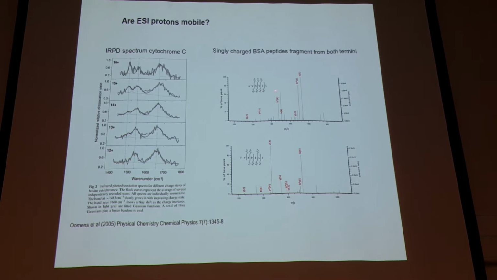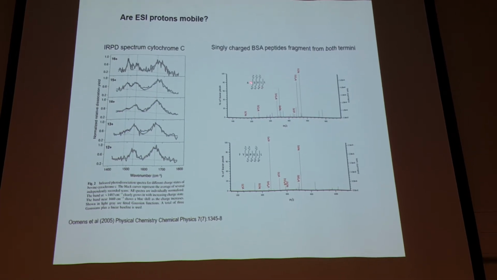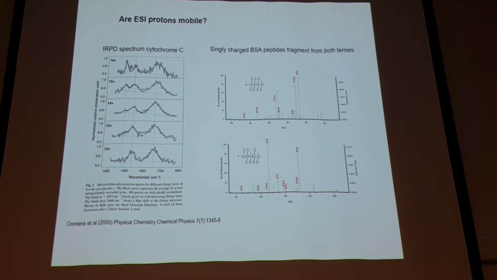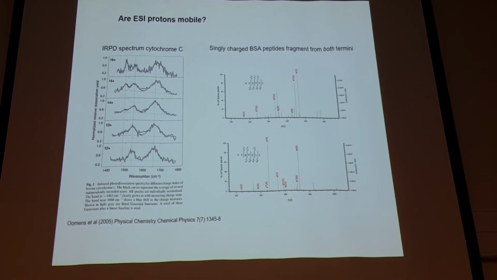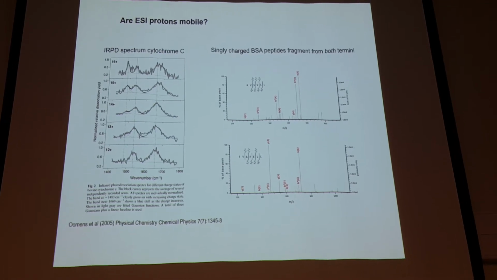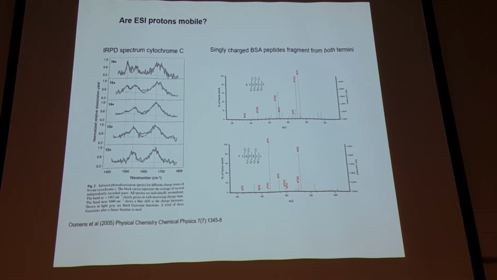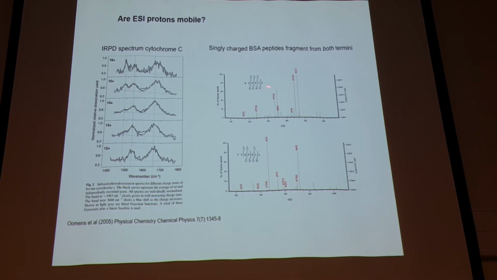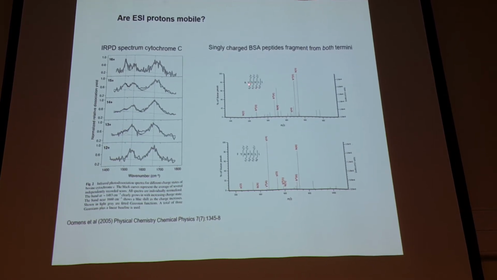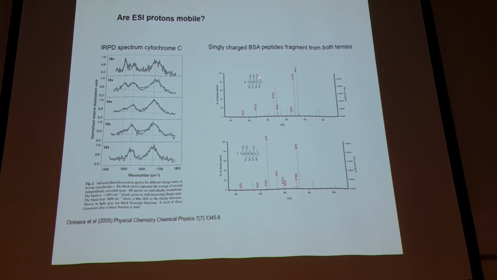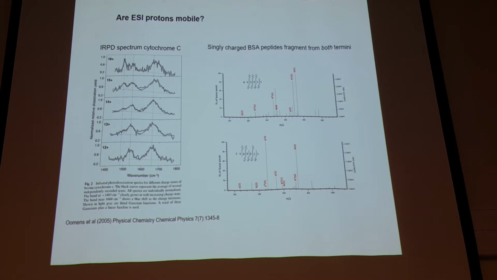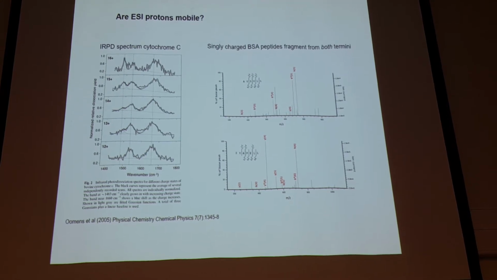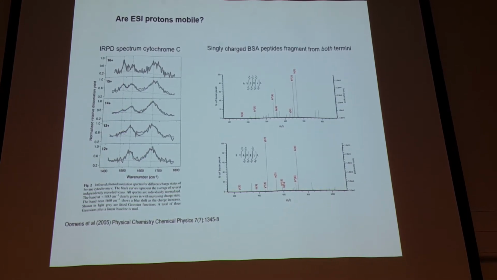This is a singly charged peptide of BSA, and when you fragment that, you are going to generate a charged fragment and a neutral fragment. Neutral fragment you cannot detect. But what this spectrum tells you is that fragmentation and charged fragments are being generated from both termini. That is only possible if protons are mobile.